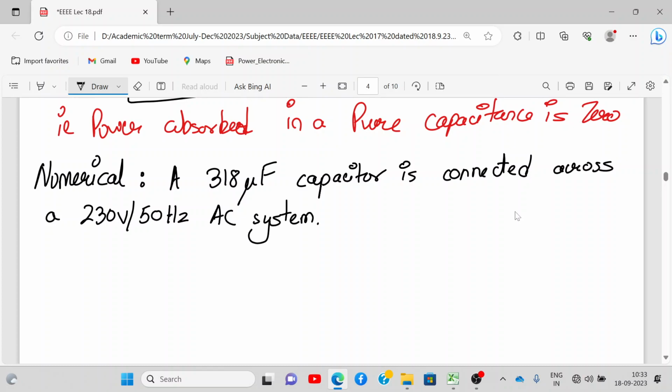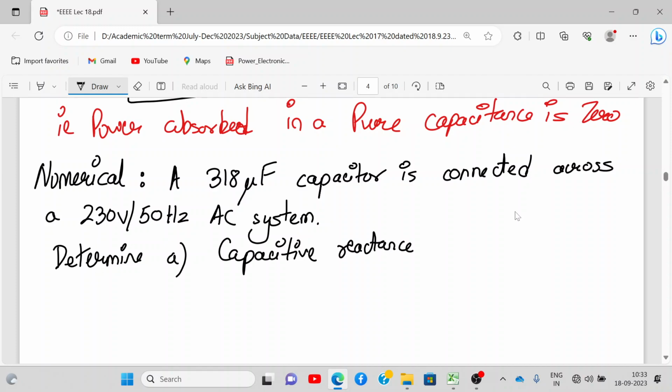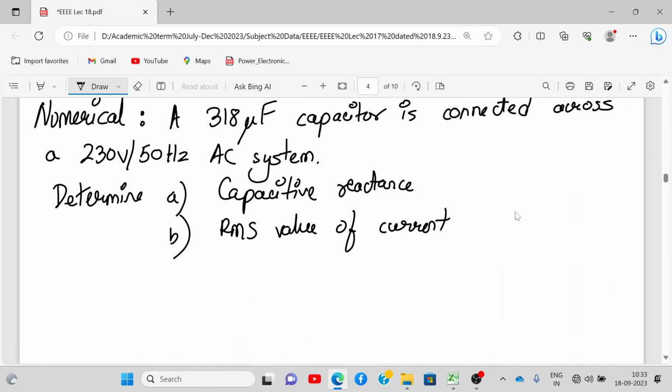Determine A, capacitive reactance, B, RMS value of current, C, equations of voltage and current.